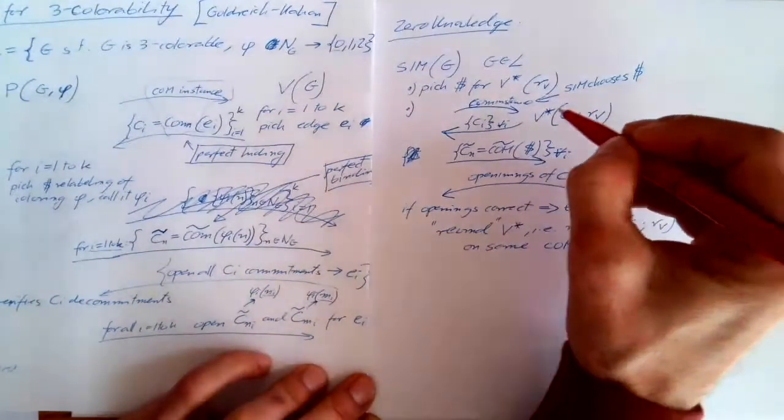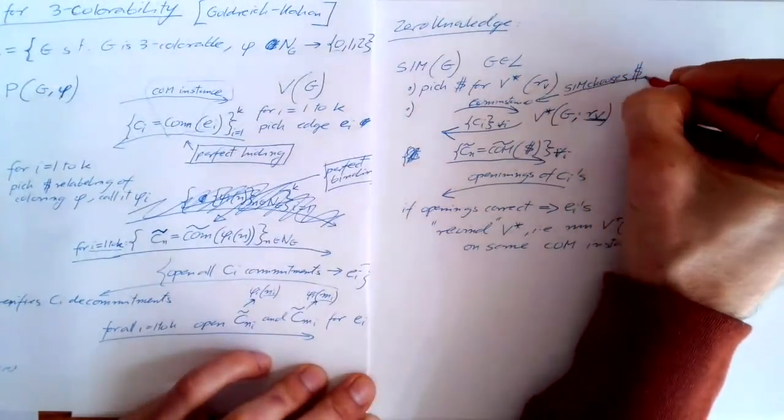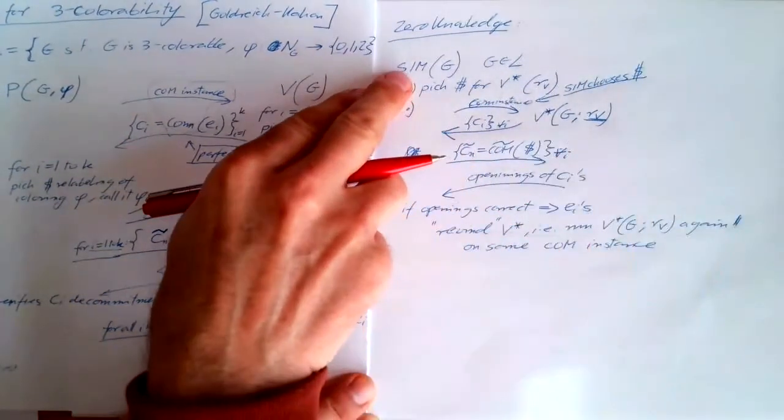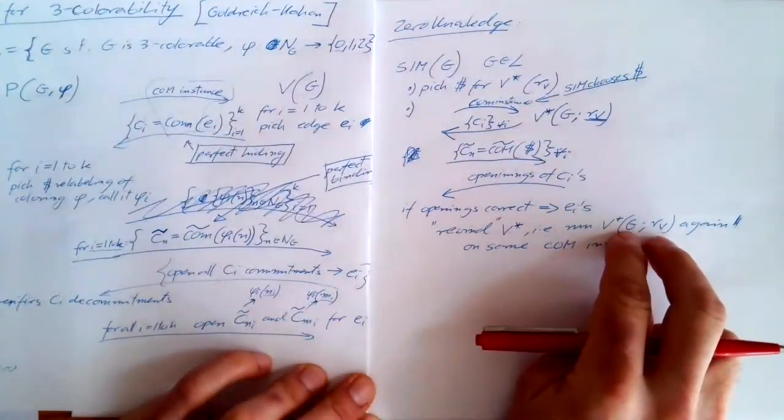So there are two things that are reused: the randomness, and the commitment instance, chosen by the simulator at the beginning, reused in the second execution with this V star.